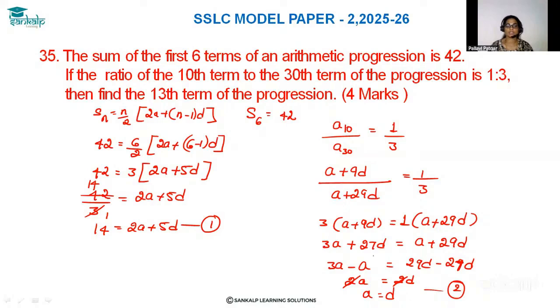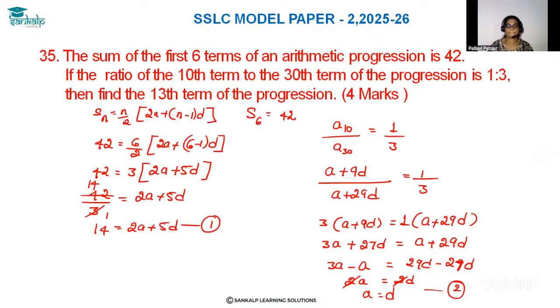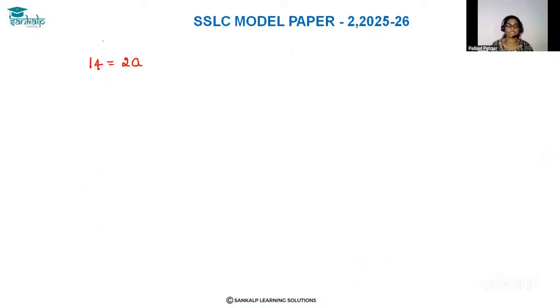Equation 1 is 14 is equal to 2a plus 5d. Substitute a is equal to d in equation 1.